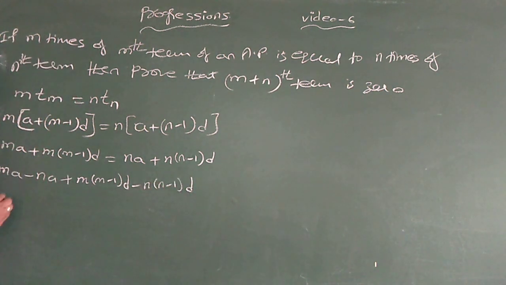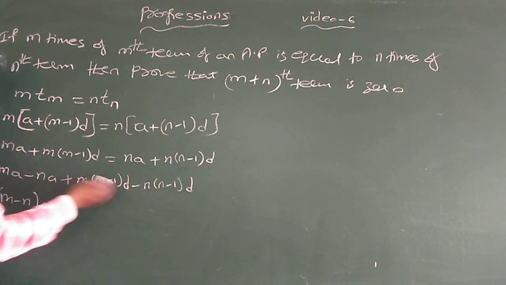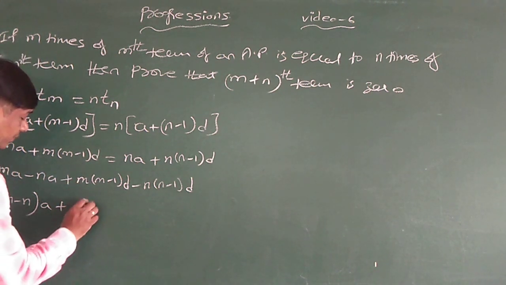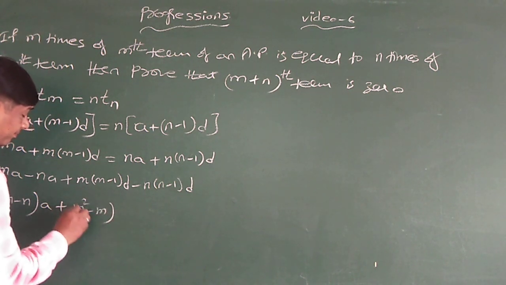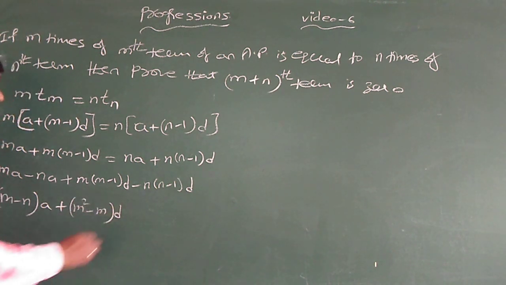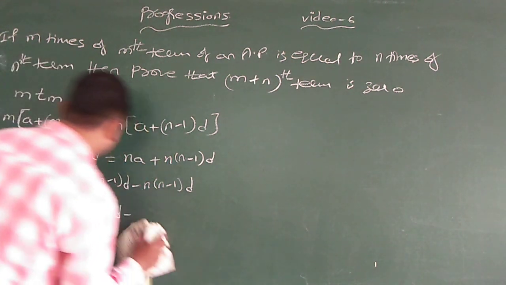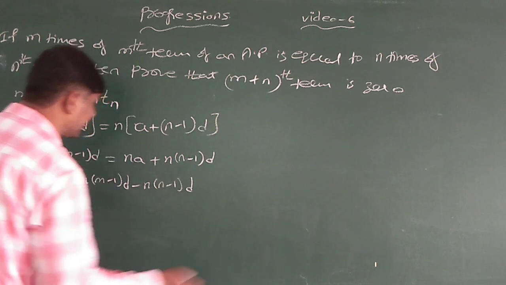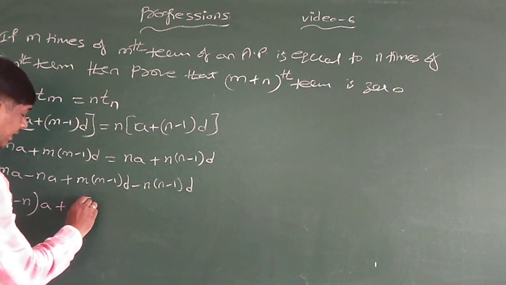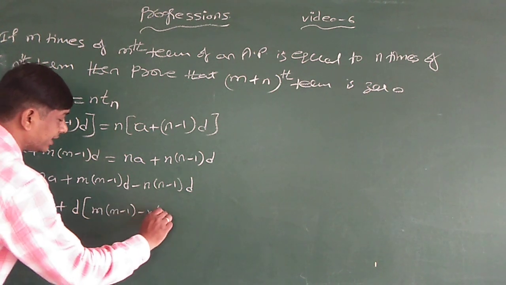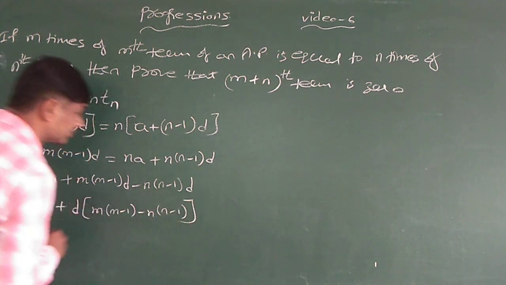Now simplify: take a common, then (m minus n) into a, plus d common because these two terms have d in common: m into (m minus 1) minus n into (n minus 1).